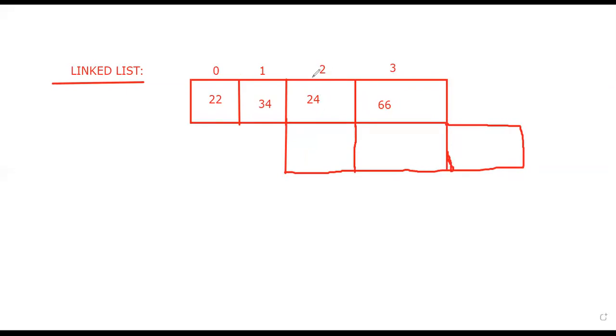So you need to shift this 24 into the next location, and the 66 is transferred to the new location. Now 66 comes to this location, and this is location 4. Up to now 3 locations are there, and now we need to add another one.